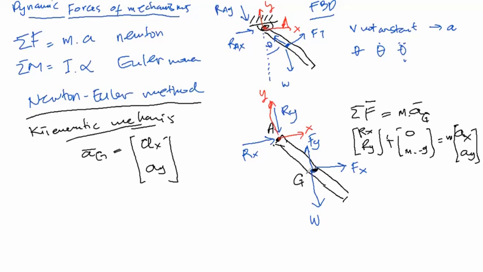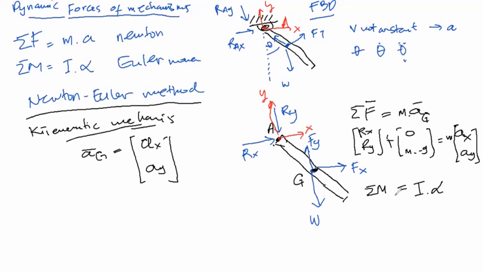And also, you should derive the equation of Euler moment. So sigma moment is equal to I times alpha. Because this is two-dimensional space, sigma moment occurs only in the z direction. But sigma moment, you should always write down with respect to which point.